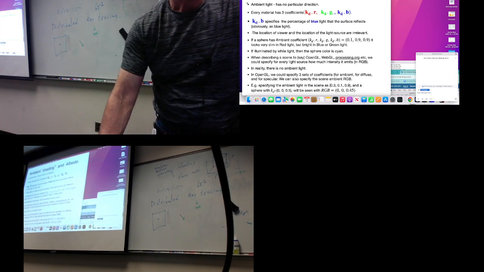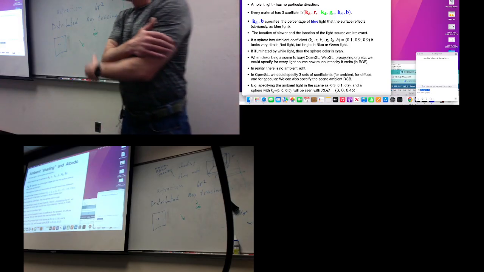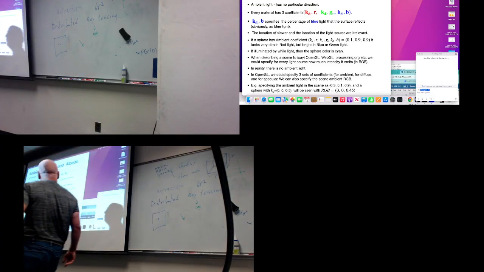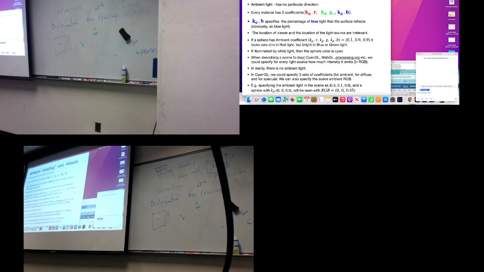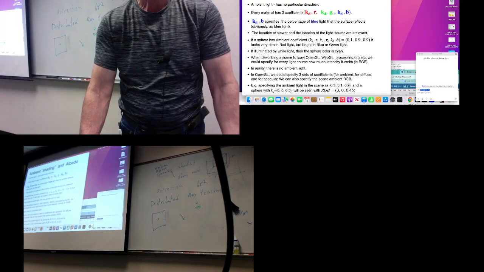What is the ambient coefficient? In all your graphical programs, OpenGL, Blender, you'll be asked to give at least one set of RGB parameters for each object. If you want, you can give more. But the first is just the ambient coefficient, which is a coefficient for the red, a coefficient for the green, and a coefficient for the blue, and this is all for the ambient part.